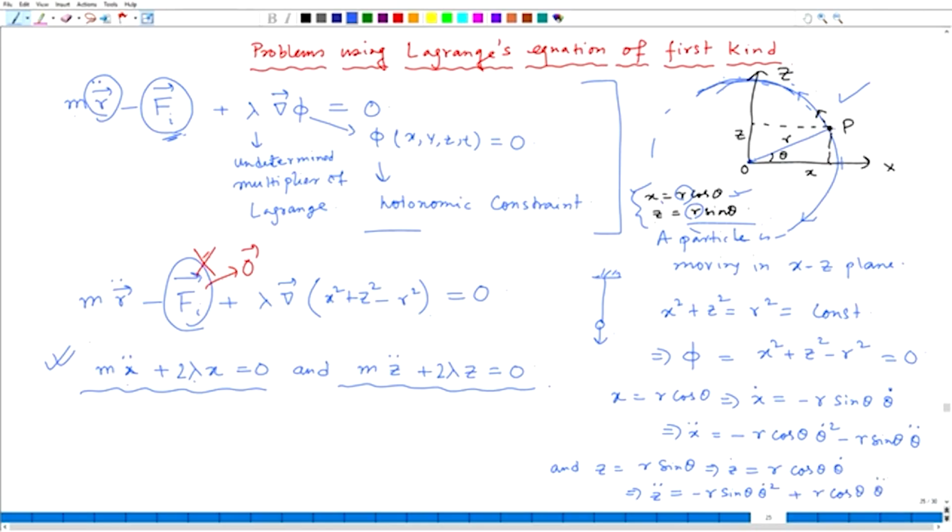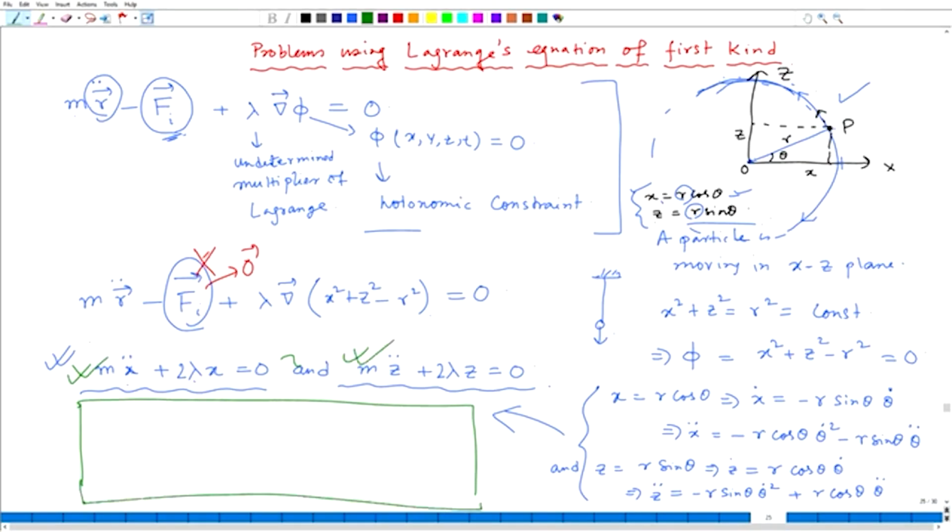Okay. So, now you just put these things over here. So, what I write in green now. So, in green I will have these two equations, but in polar coordinates.